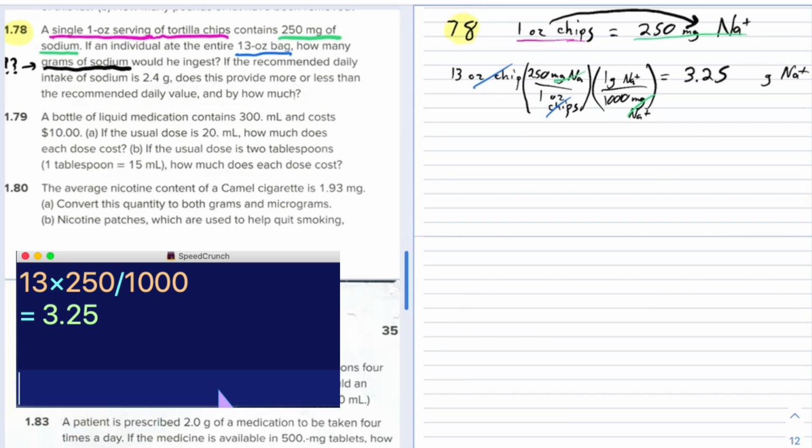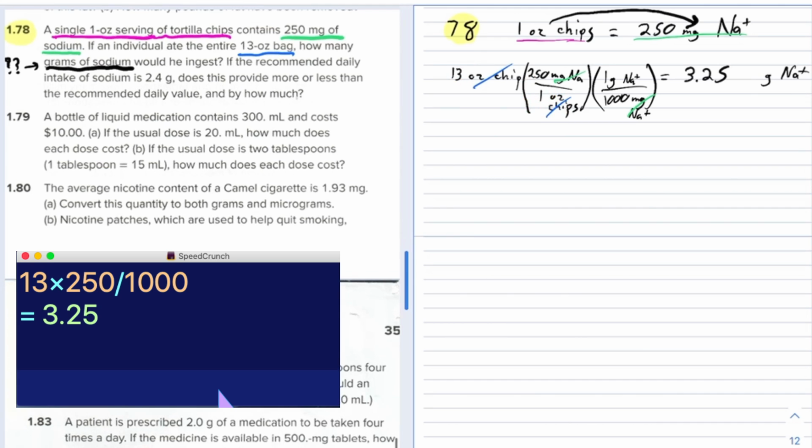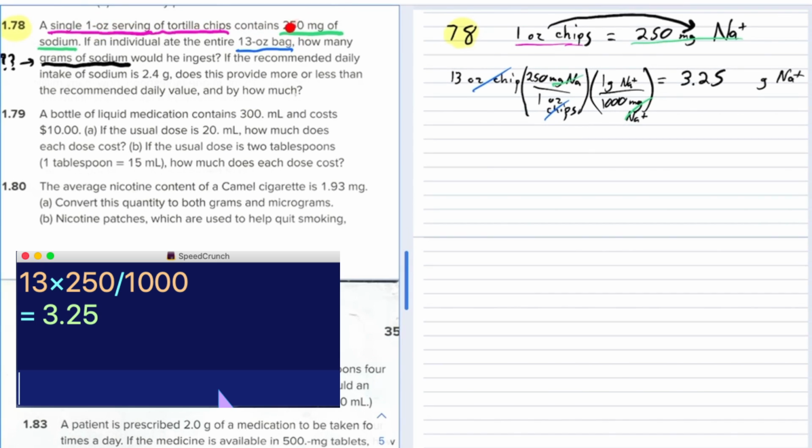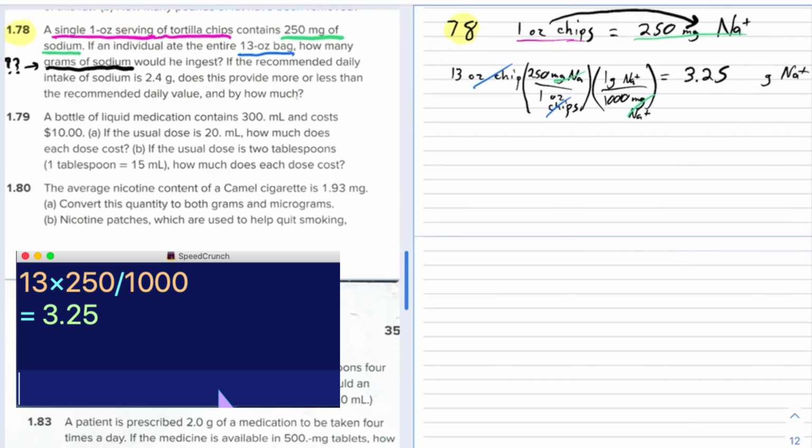Now, this unfortunately is going to be 2 sig figs. So you've got 13 right here, which is a 2 sig fig number. I believe when you say 1 ounce of chips, exactly an ounce is about that many milligrams of sodium, so I'm going to read that as an exact number. So you've got 2 sig figs and exact, so this will be limited to 2 sig figs.